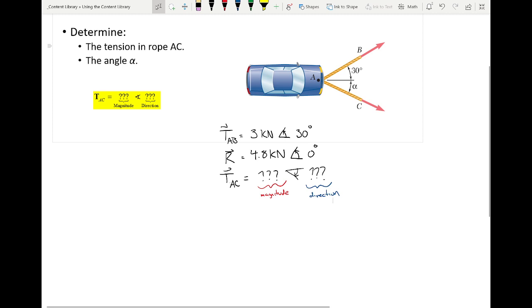Okay. So the first thing that we need to do is we need a graphical representation, which I think you're going to find is pretty straightforward. But let's see what we can come up with. So what I'm going to do is use this tip to tail fashion like we've done before.